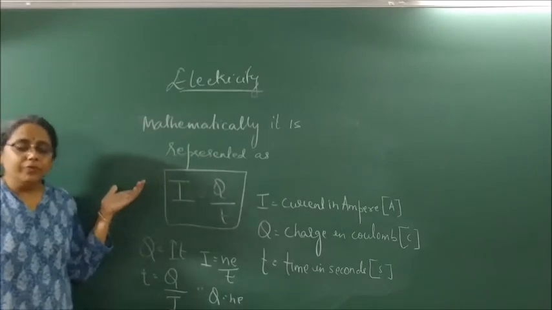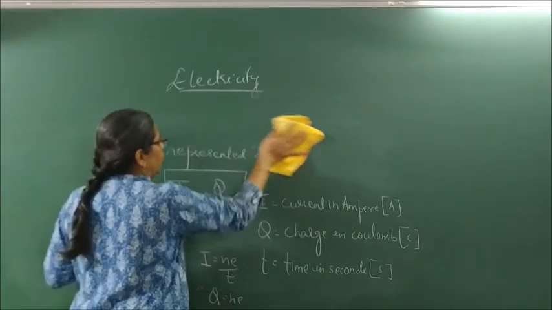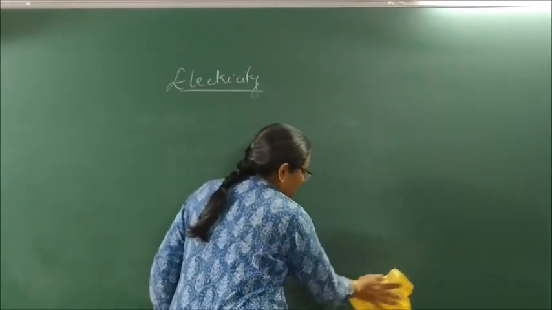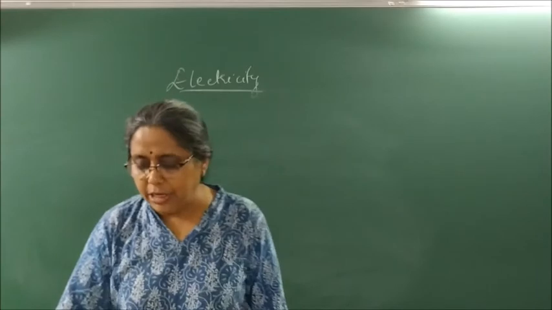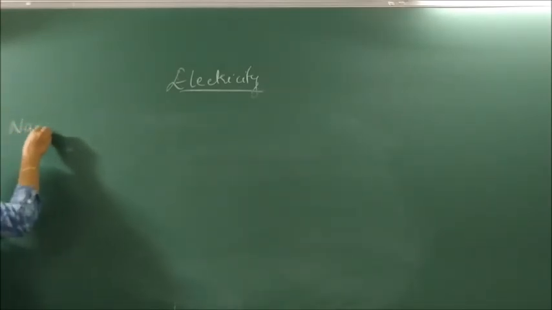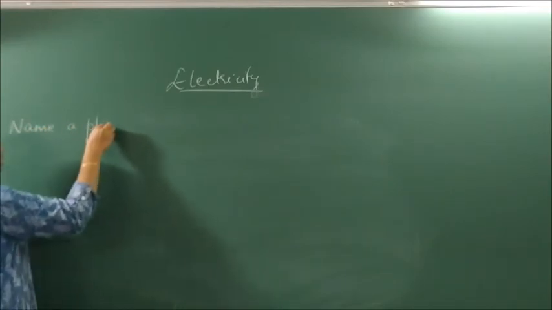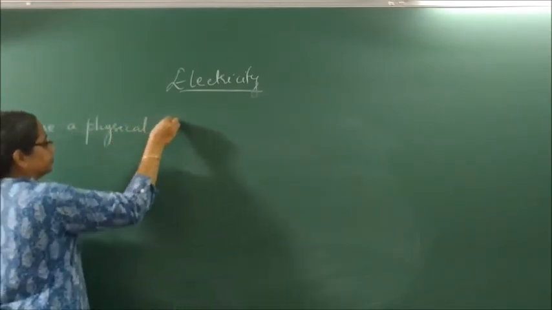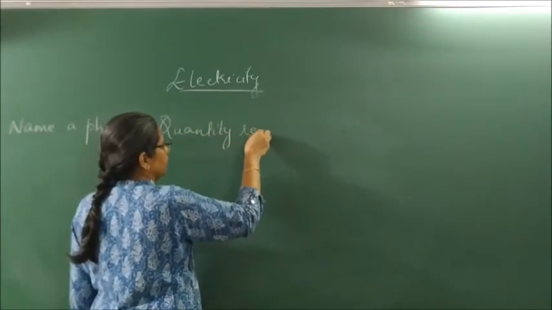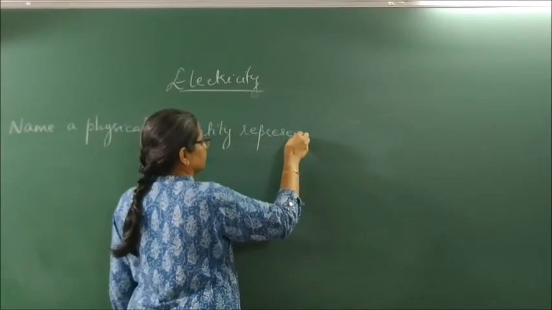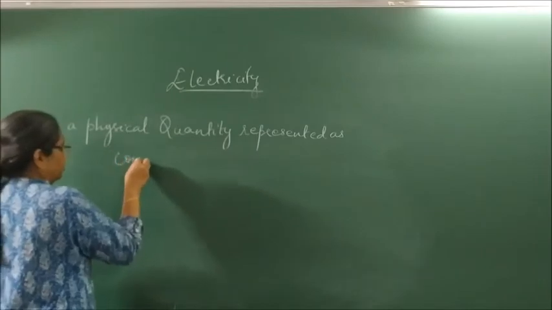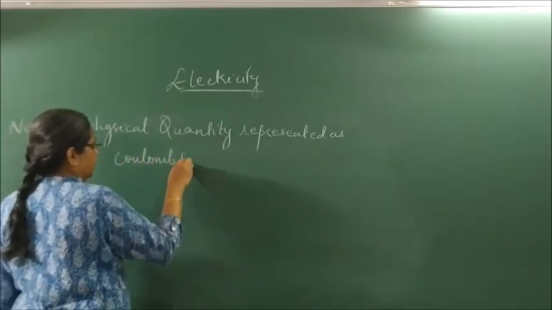After this, we will start with the physical quantity which is represented as coulombs per second. Name a physical quantity which is represented as coulomb per second.